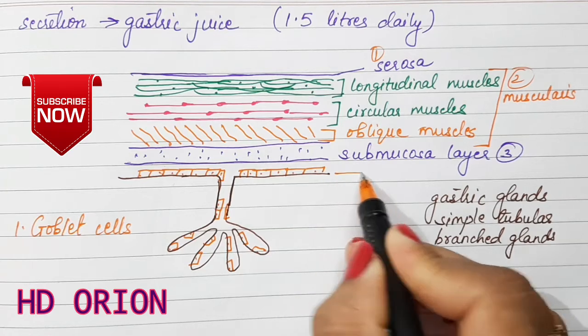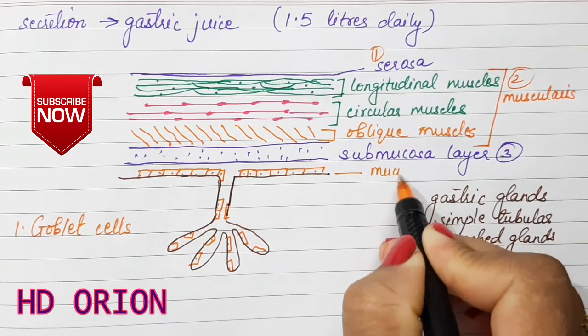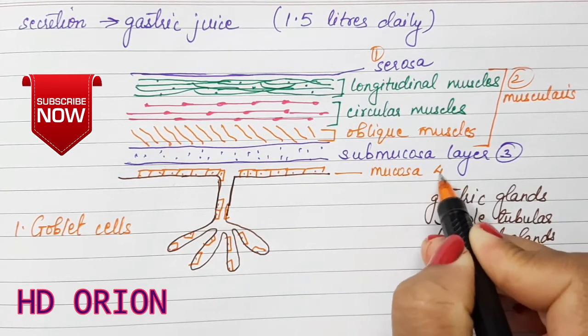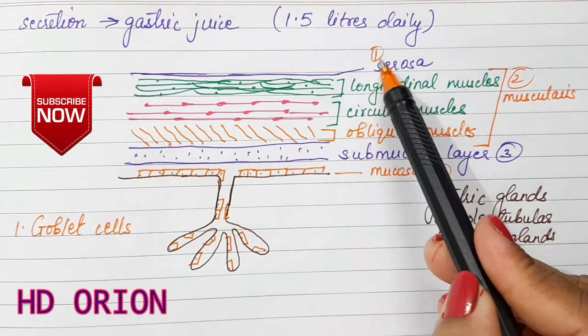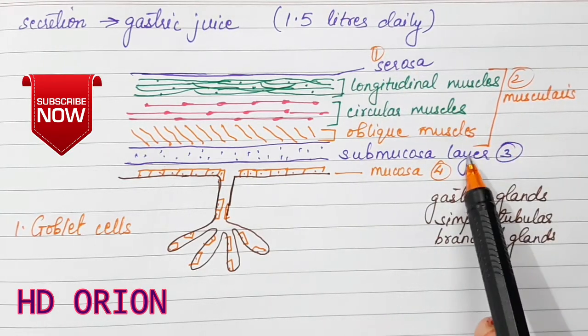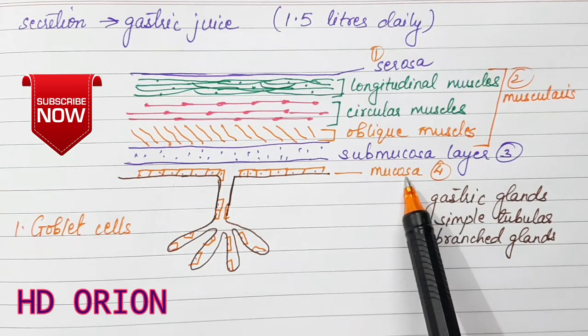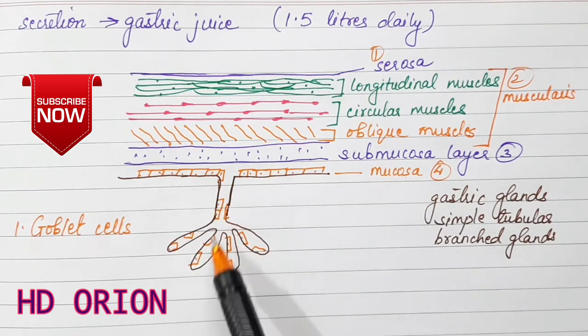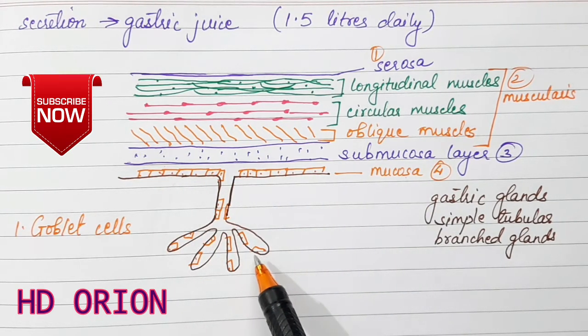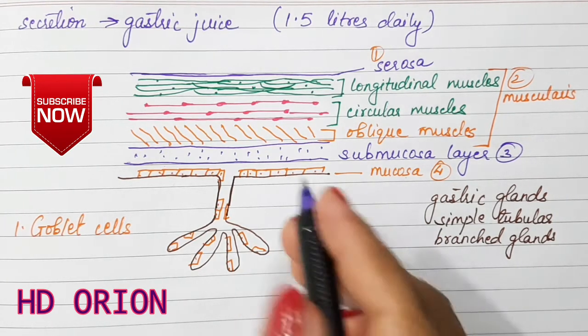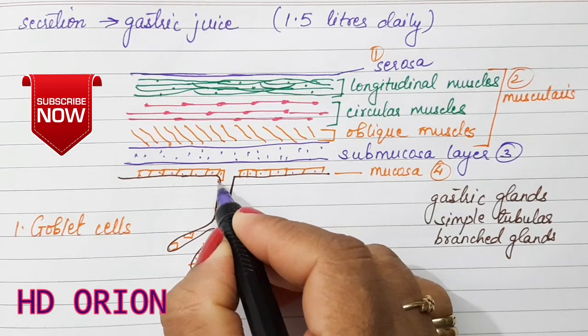This I have drawn. The fourth layer is the mucosa layer, which is the innermost layer. So the outermost serosa, then muscularis, then submucosa, and the innermost is the mucosa layer. What I have drawn in orange are all the goblet cells whose main function is to secrete the mucus. Now there are certain big cells.